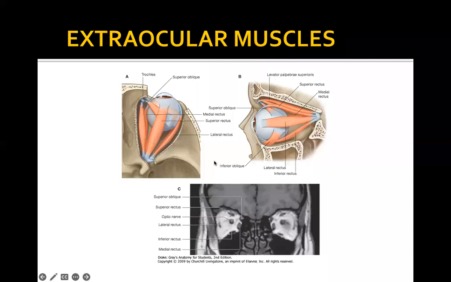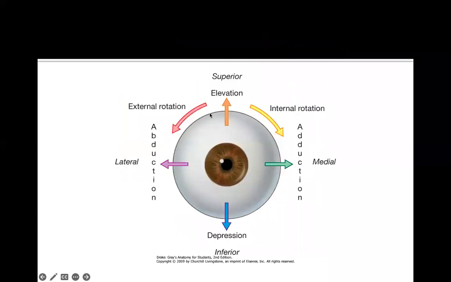Let's quickly go through their functions using this diagram. Then we'll draw the curtains for today. So superior, inferior. This arrow shows elevation. This is depression. When the eyeball goes down, it depresses; it goes up, it elevates. When it goes to the right, it is what? Adduction.